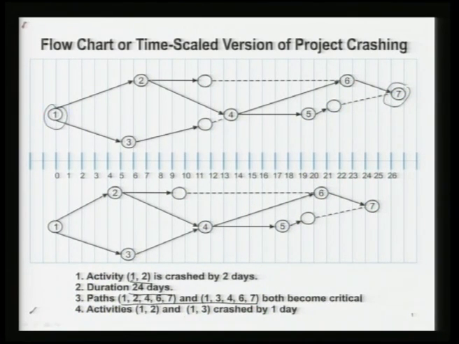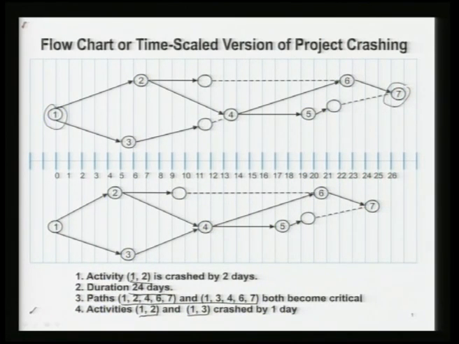These have the minimum rate of crashing, and I can crash them by 1 day, because after this you see 1,2 has a slack time of 3 days. So, I have already crashed it by 3 days. Therefore, I cannot crash this combination by more than 1 day, but I choose this combination because this has the smallest rate of crashing. Okay.